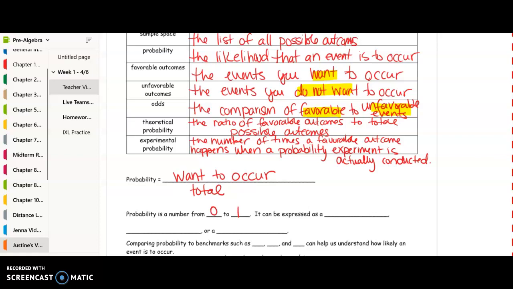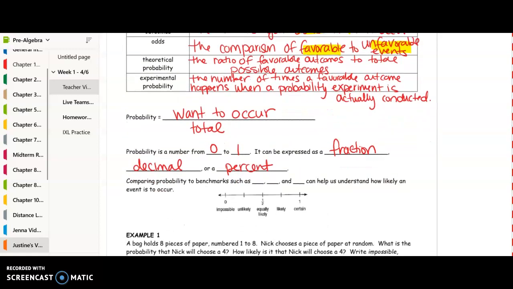You can write that as a fraction, as a decimal, or as a percent. If the probability is 0, that means there's no chance of it occurring. If the probability of something is 1, that means there's a 100% chance that it's going to occur.